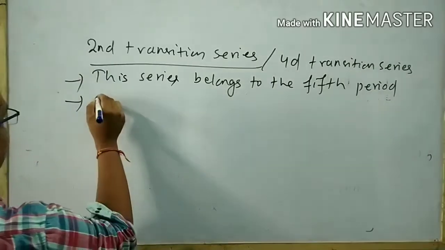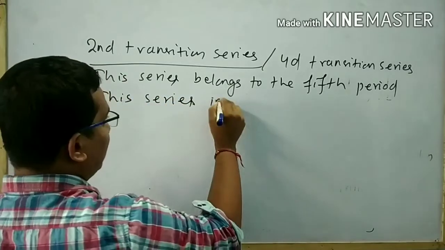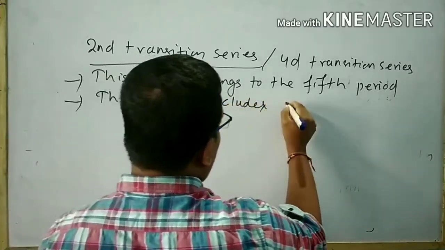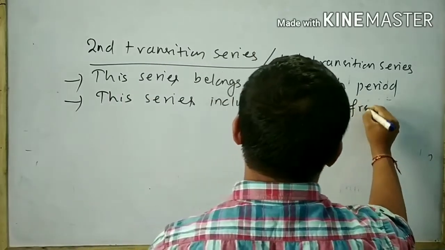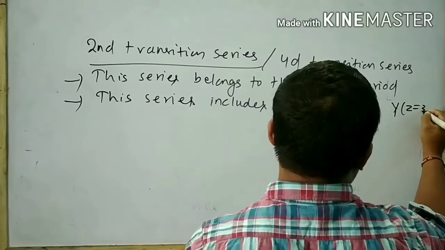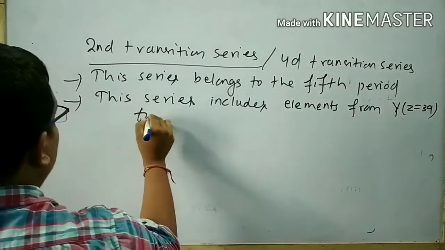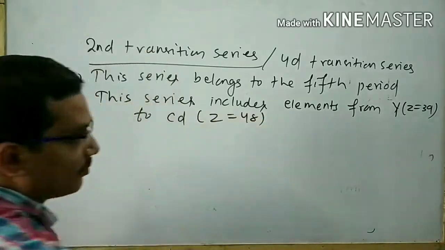So you can write this series includes elements from yttrium having atomic number 39 to cadmium having atomic number 48.